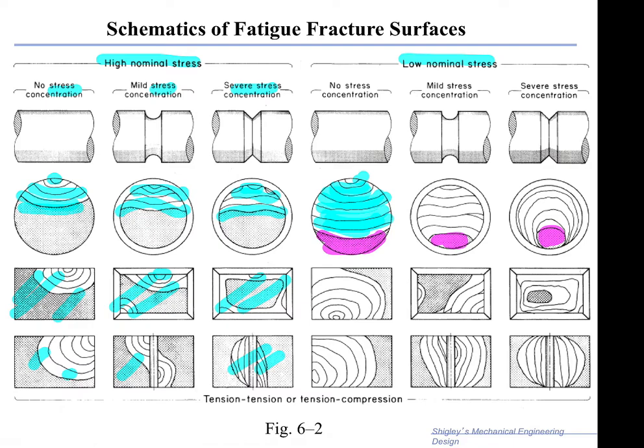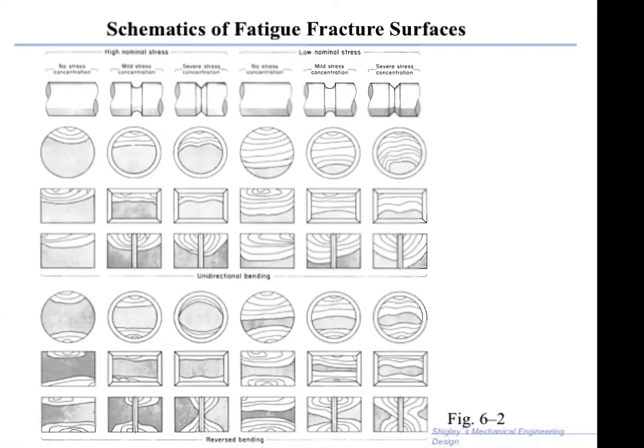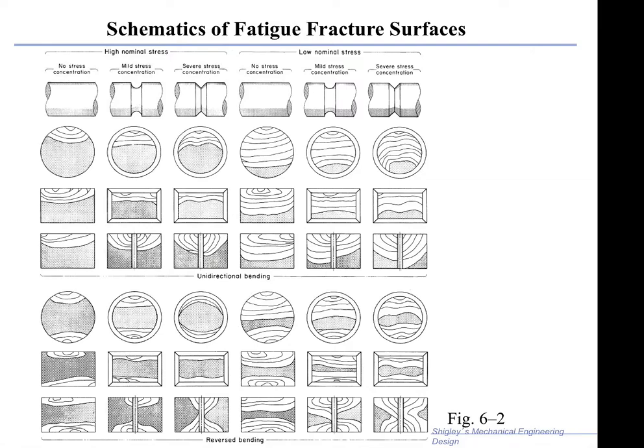very localized zone. If you look at other types of fracture processes, so under different loading, then similar things would happen under unidirectional bending. So unidirectional bending is very similar to the case that we have looked at under axial tension.